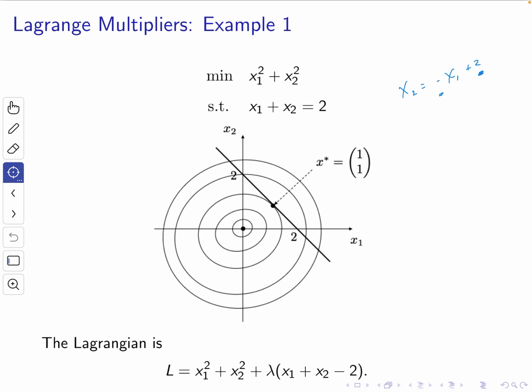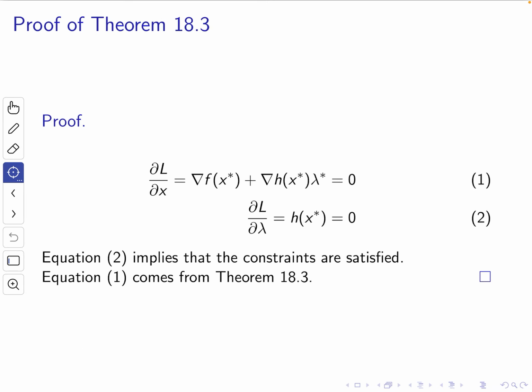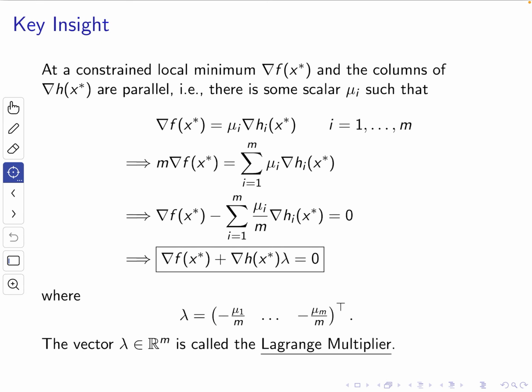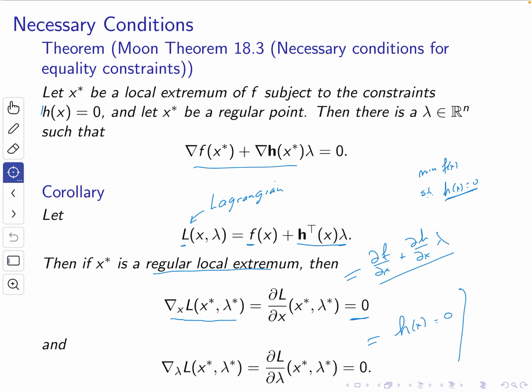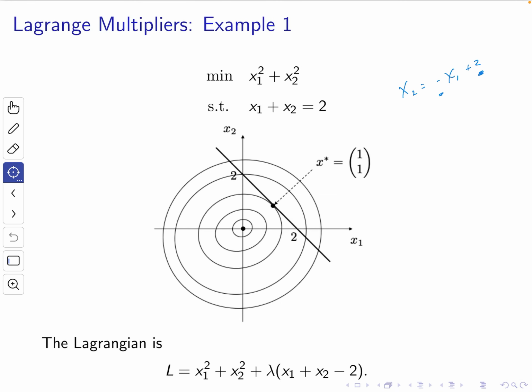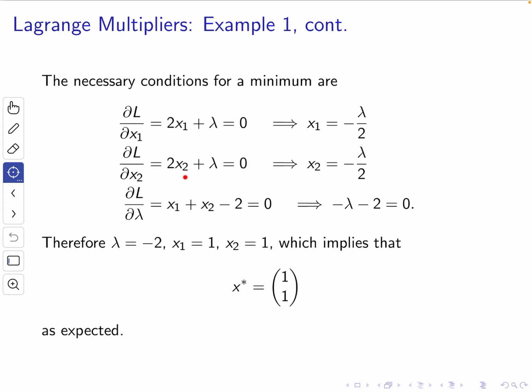The partial of L with respect to x2 is going to be 2x2 plus lambda, equal to 0. And the partial of L with respect to lambda is just my constraint back again: x1 plus x2 minus 2 equal to 0.